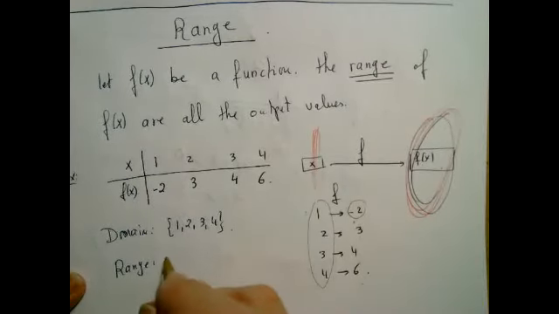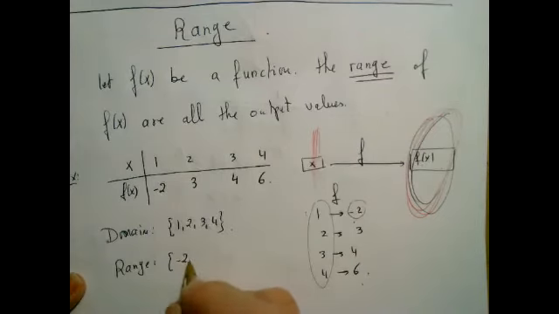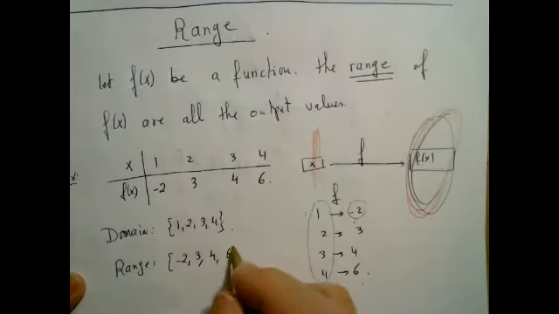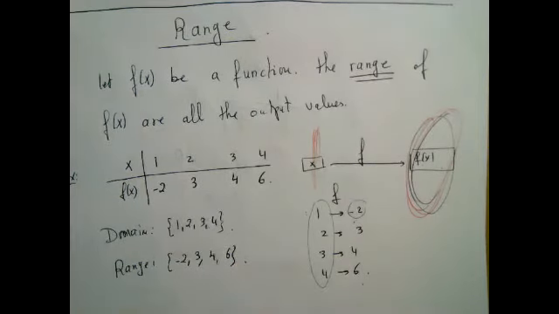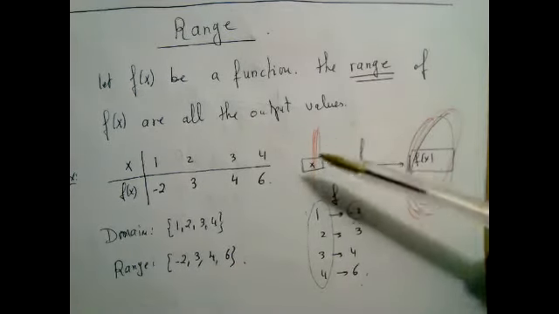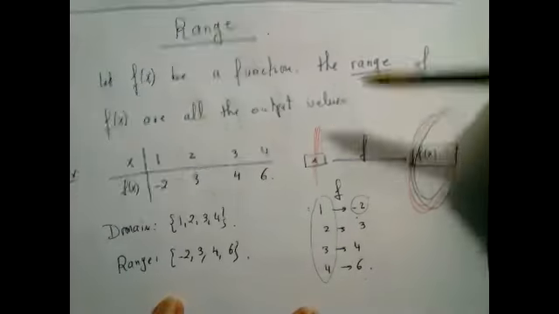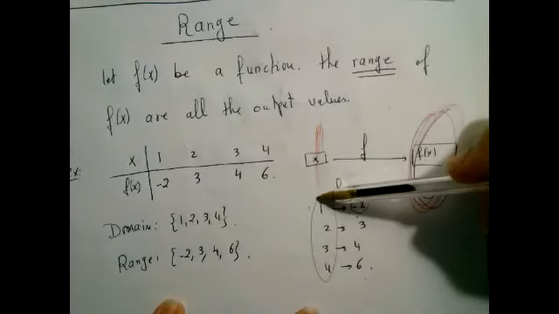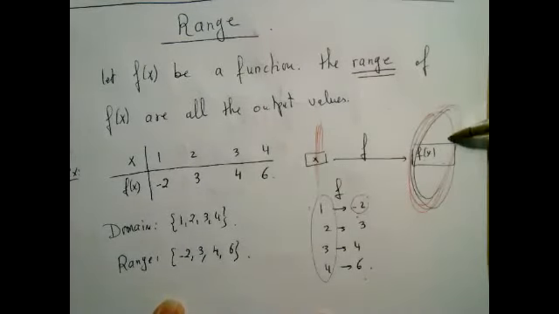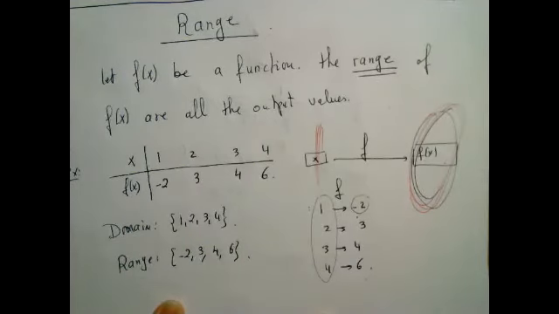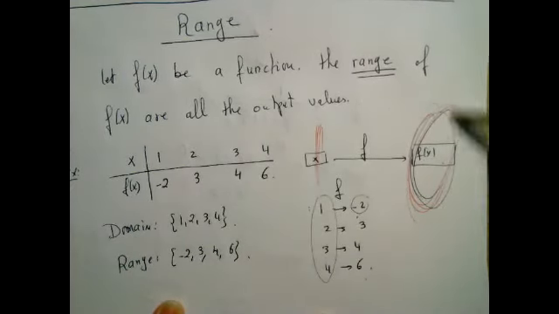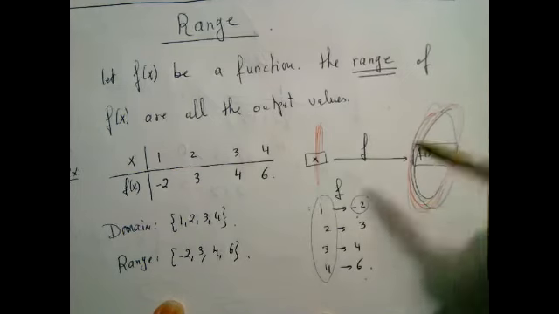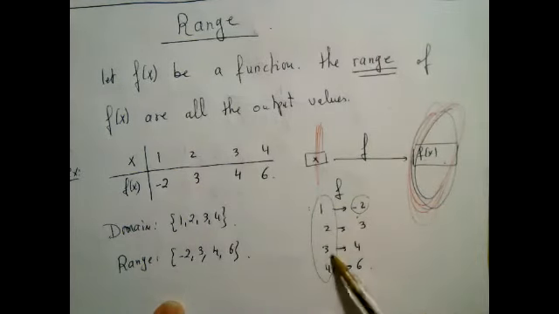So the range here are the -2, the 3, the 4, and the 6. So they are all the output values. So a function has the input and the output. The domain are all the x values such that f of x is a real number. The range are all the y values that we get once we change our x value.